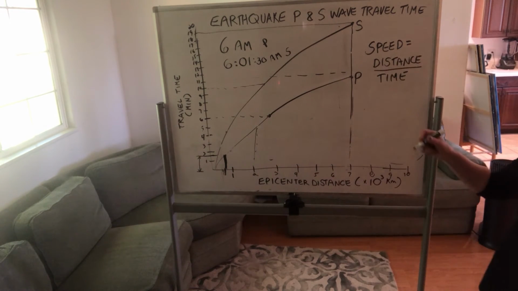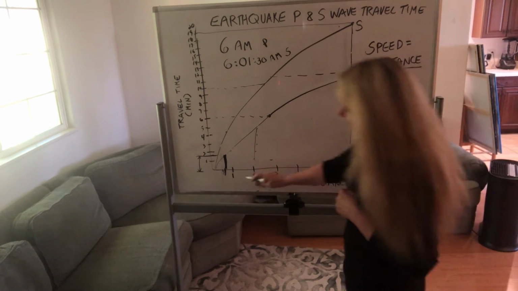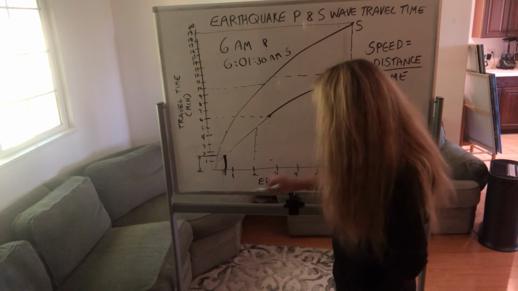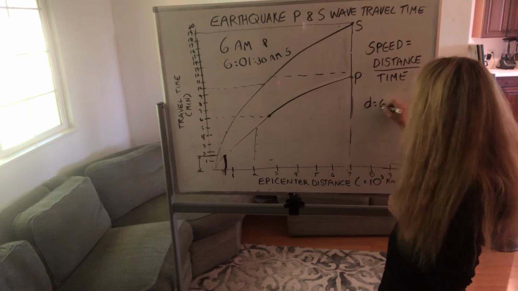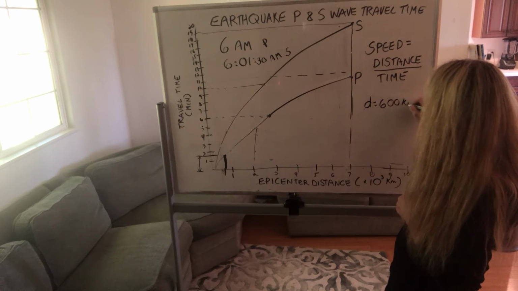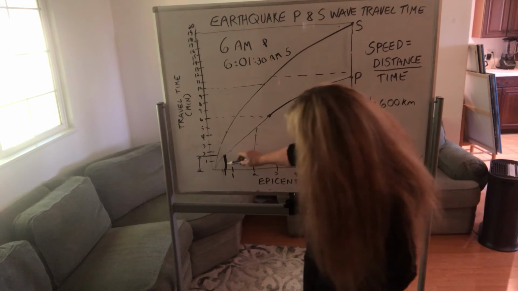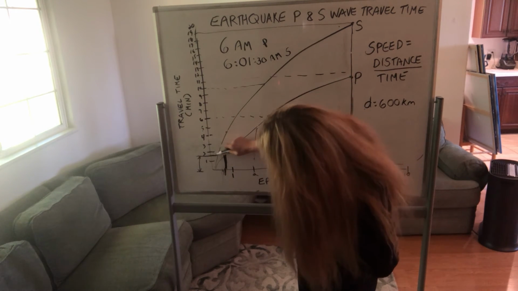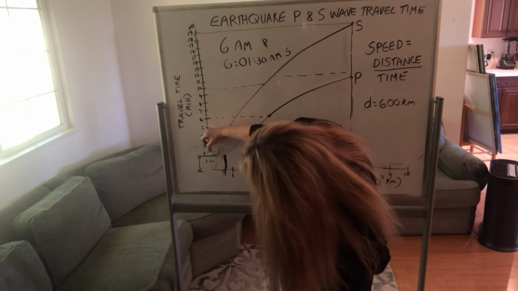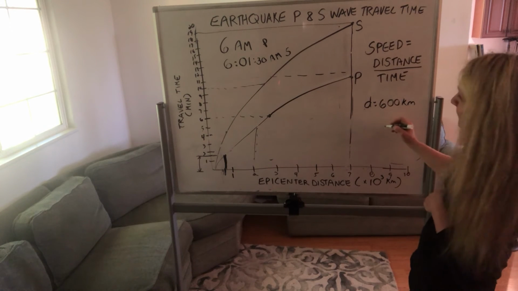Speed is equal to distance divided by time. So the distance to the epicenter, I calculated, remember I used the lag time to figure this out, and we said that was 600. So D is 600 kilometers. If we're at 600, what is the time? And let's just say that's 1.5 minutes.